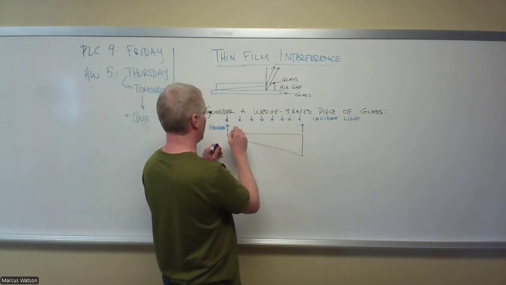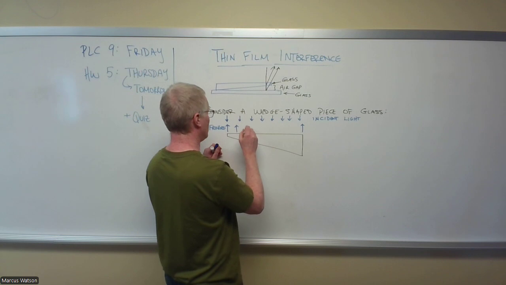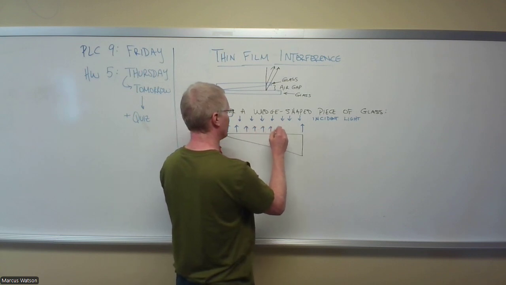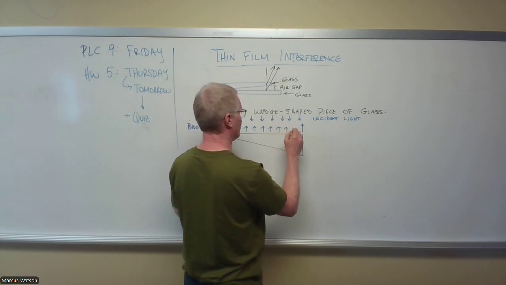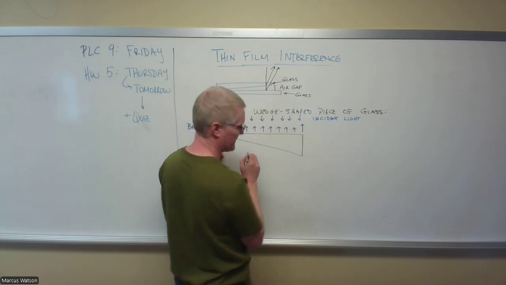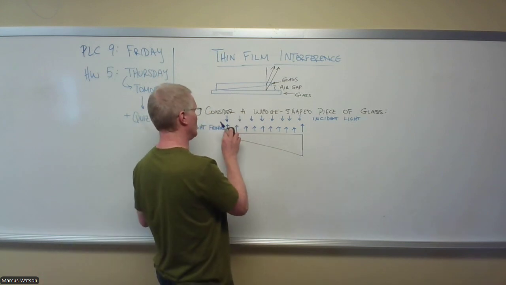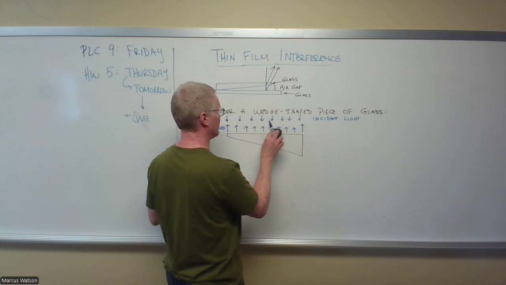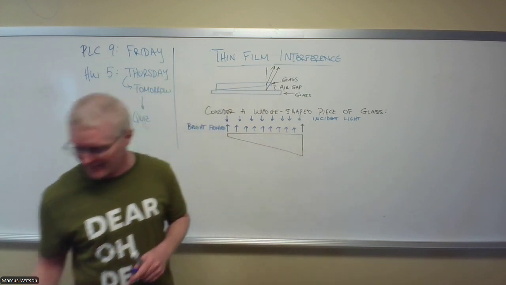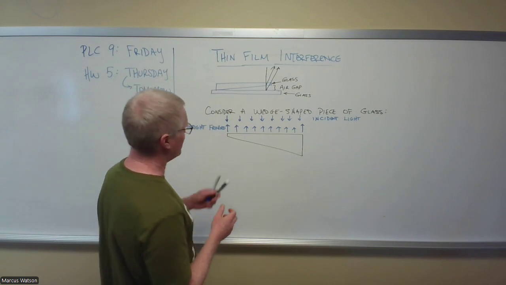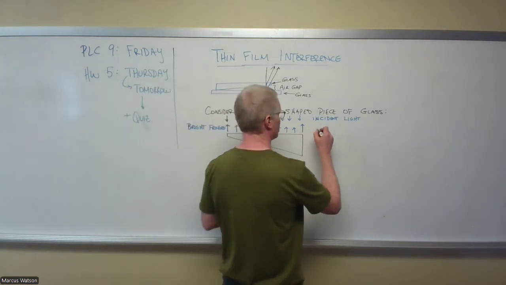So I'm going to have 1, 2, 3, 4, 5, 6, 7, 8, 9, 10 total. I did get 10 total. So we've got 10 total bright fringes.